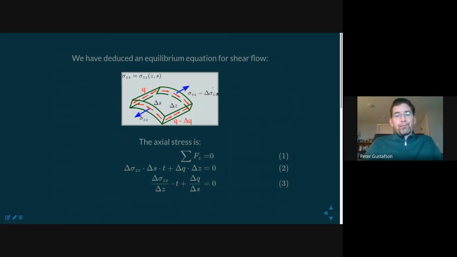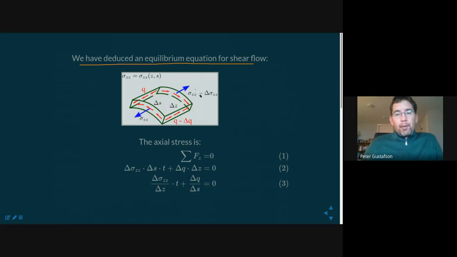Now, this is in some sense a repeat of what you've seen before. We had deduced equilibrium for shear flow calculations. This was at the beginning of the bending calculation portion. And this is an equilibrium element.